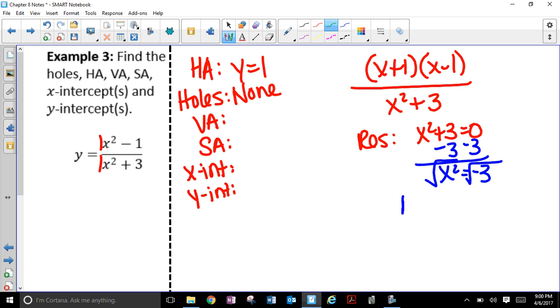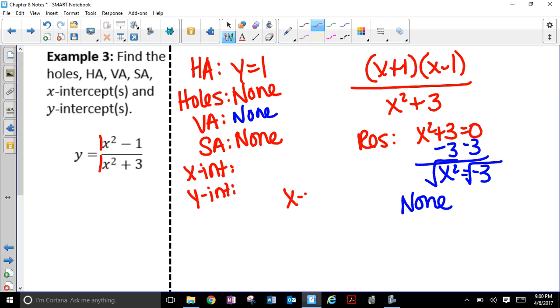So there's no restrictions. So if there's no restrictions, that means that there's no holes or no vertical asymptotes. Okay? Slant asymptote. There's not a slant asymptote either because there was a horizontal asymptote. So there can't be a slant asymptote if there's a horizontal asymptote.